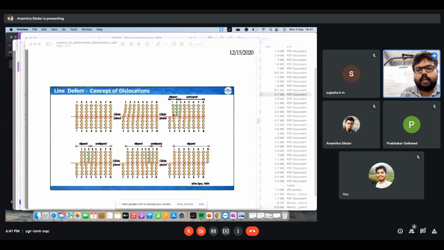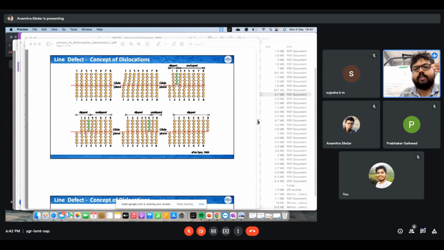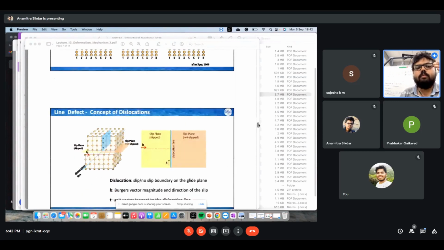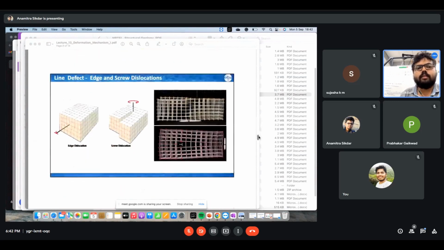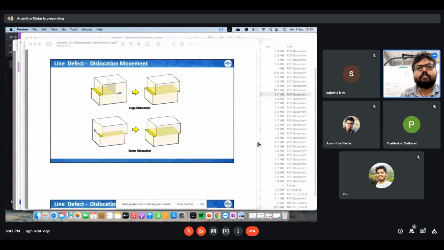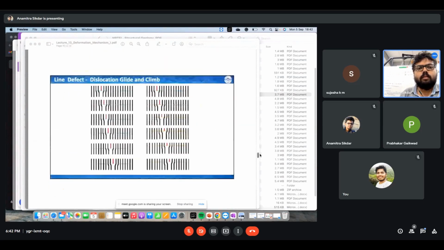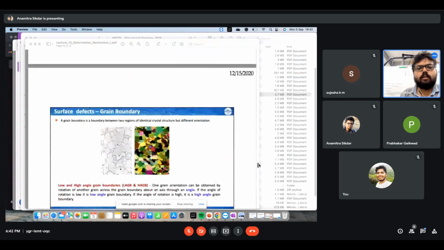If you have like this one, you see this defect is basically running along this line, right? So in 3 dimensions, this will be called a line defect, and if it is extended in the 3rd dimension, it will be called a surface defect, right? Yeah, like this one.